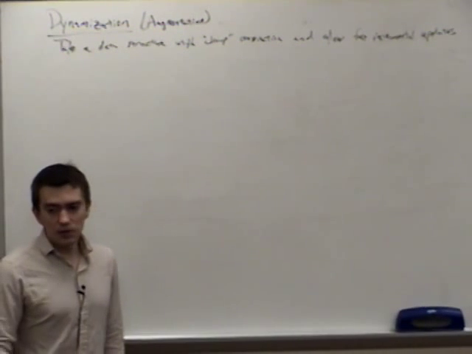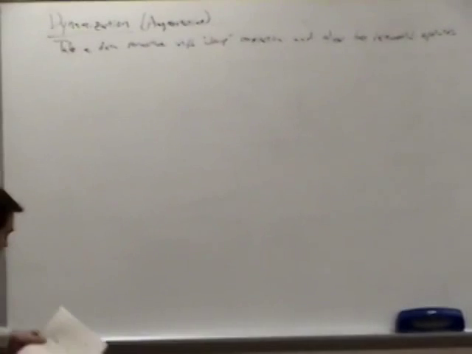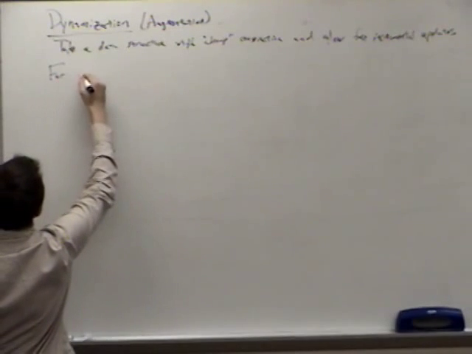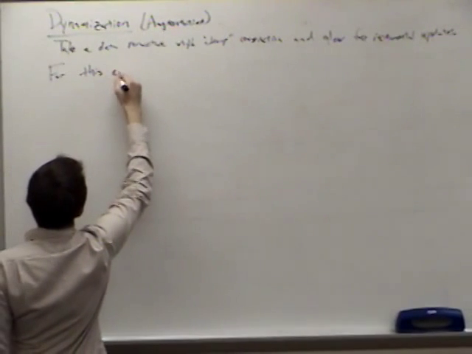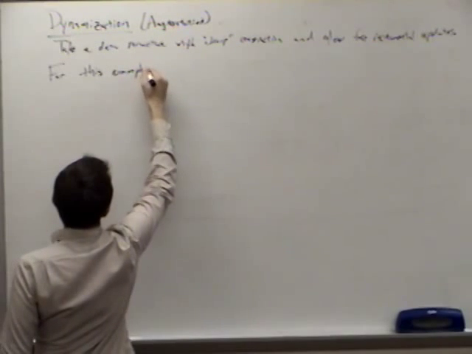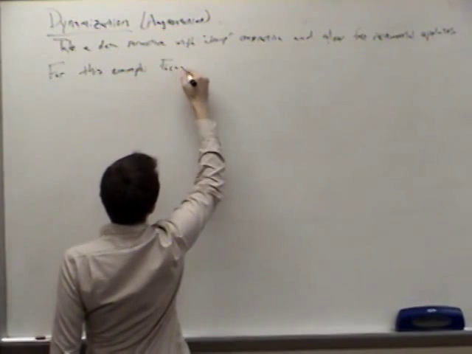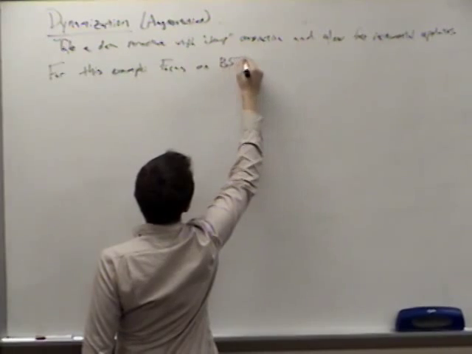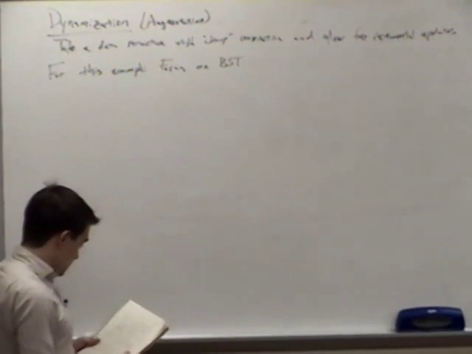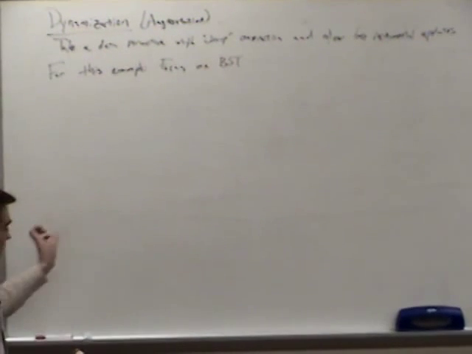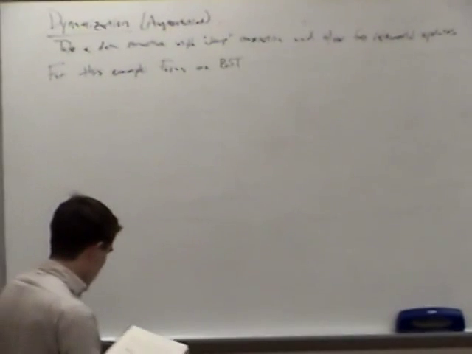And once we see how it works for binary search trees, the extension to KD trees and range trees will be more or less the same. For this example, focus on binary search trees. Right? So just regular old, we'll just say 2-component binary search trees over a 1D array.